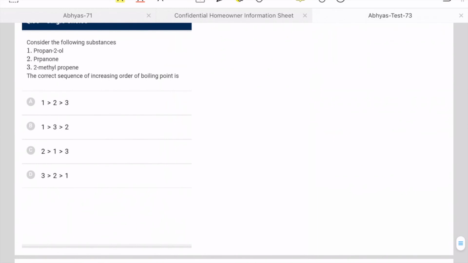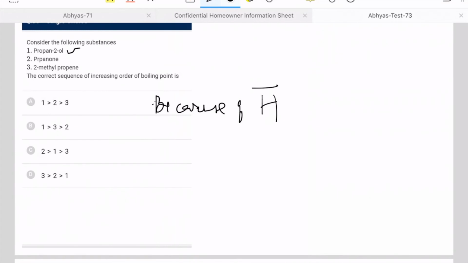We'll go to the next question. Consider the following substances: propanol, propanone, 2-methylpropene. The correct sequence of increasing order of boiling point: increasing order means we have to take it from lowest to highest. Propanol will be the highest because of hydrogen bonding.